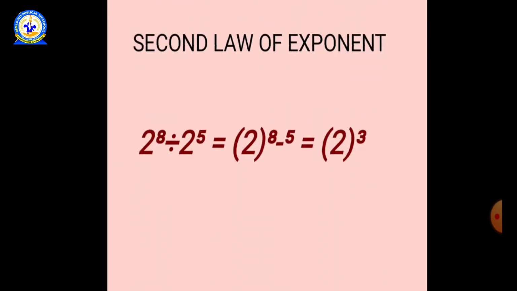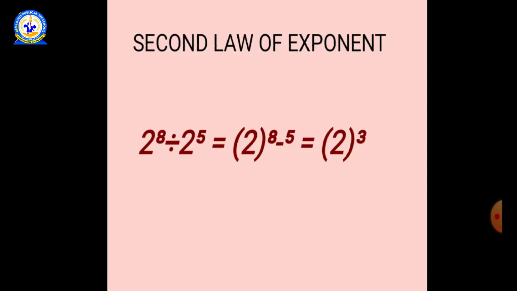Second law of exponent, that is a raised to the power m divided by a raised to the power n, that is equals to a raised to the power m minus n. In division, when bases are same and powers are different, what will we do?